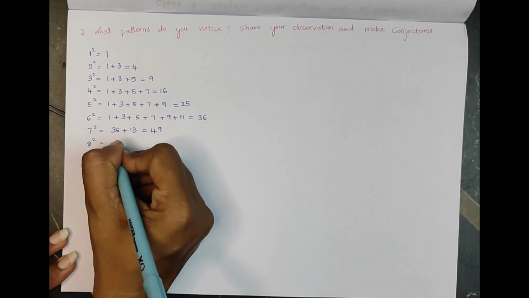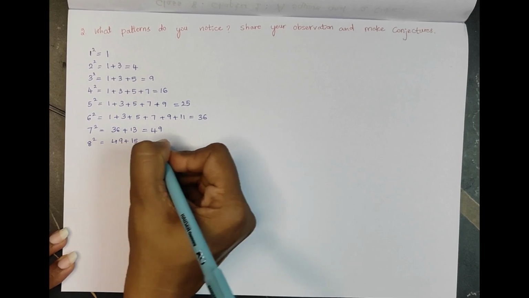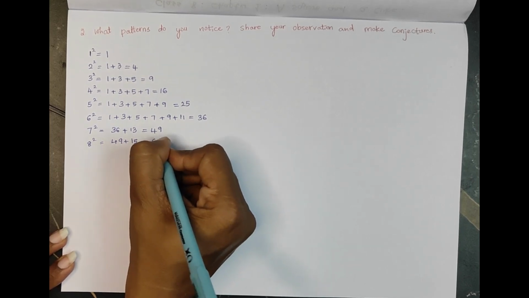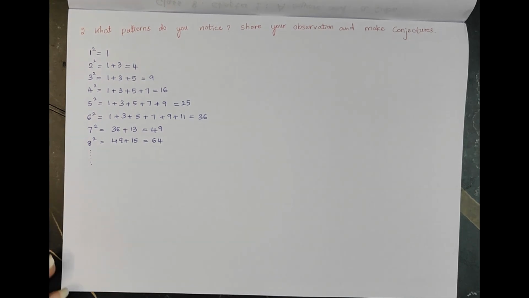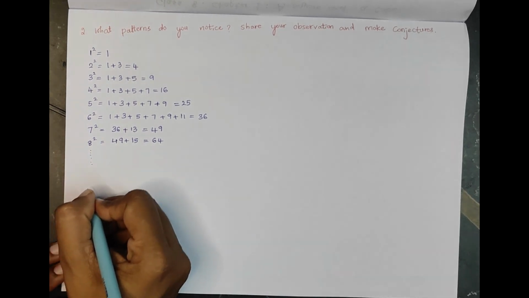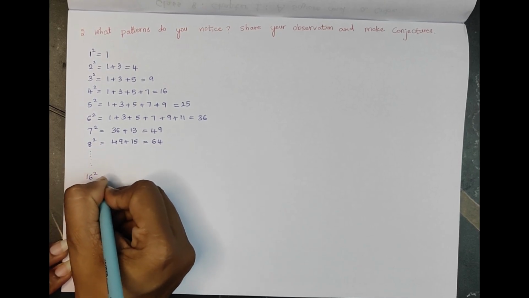8 square is 49 plus the next odd number, 15. So you'll get 64. Similarly, for 9, 10, the rest of all we can write. First, I'll come to 16 square.